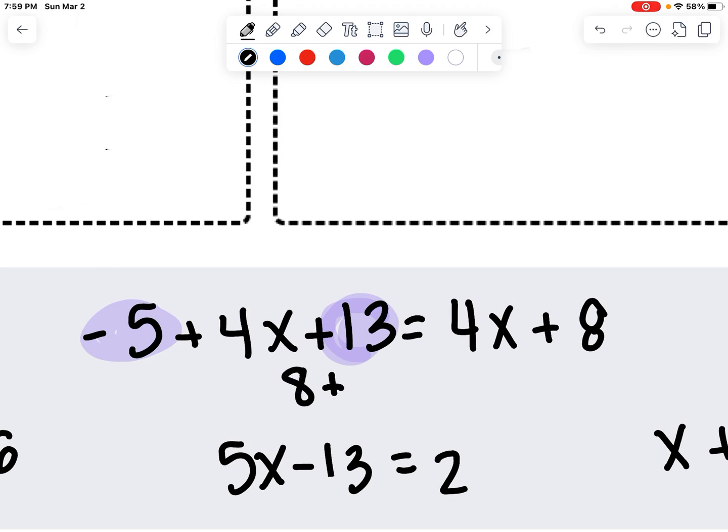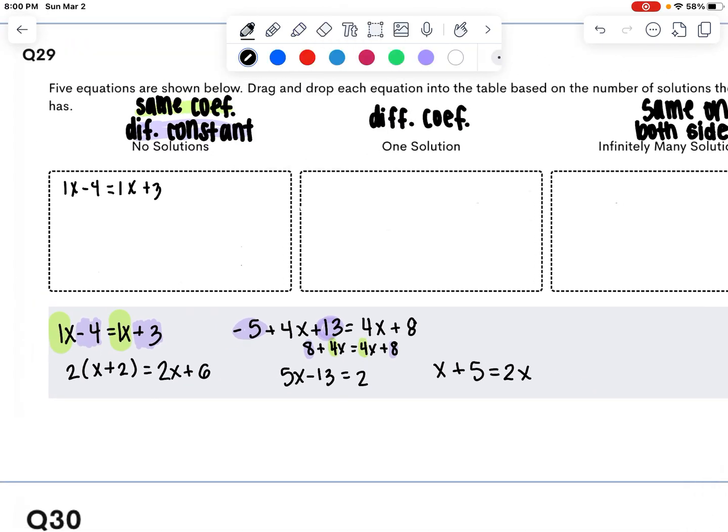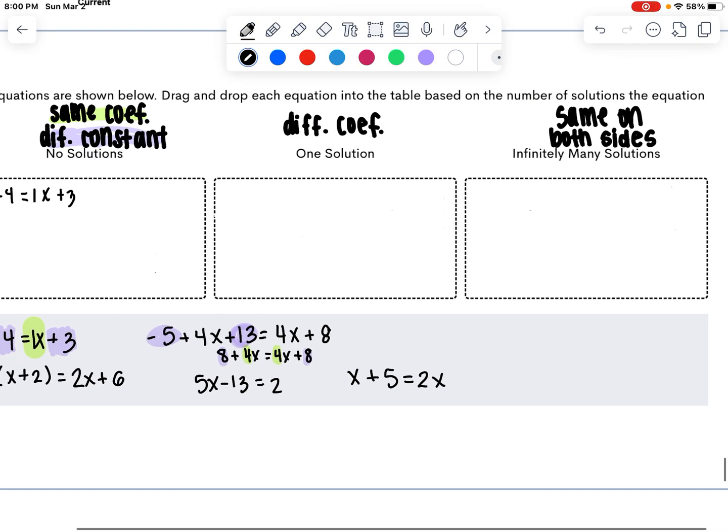So I have 8 plus my 4x equals 4x plus 8. So if I look at my coefficients, I have 4 and 4. Those are the same. If I look at my constants, I have 8 and 8. So same on both sides. That is going to give us infinite solutions. So I would go ahead and drag that one over into this box.